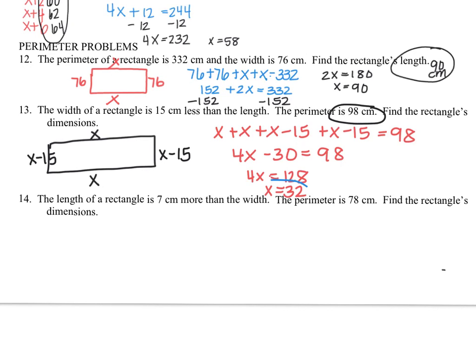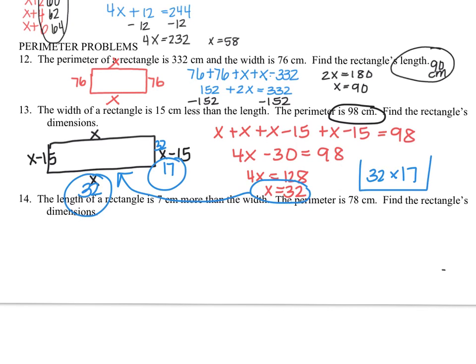Plugging that back in to our picture, that means that the length is 32, but the width is 32 minus 15, which is 17. So the question's asking for the dimensions. The dimensions are 32 by 17. The length and the width.